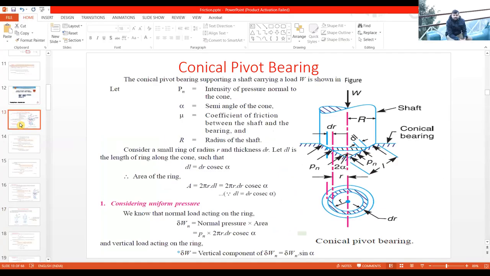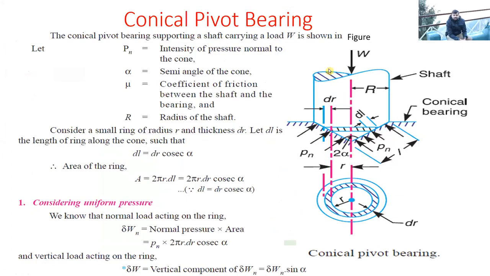So we saw the conical pivot bearing, and this was the diagram which we used to understand the condition. W is the capital W. This is the load or the axial thrust which is coming on the shaft, and that the shaft has to transmit to the bearing.